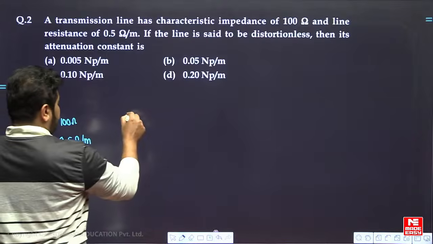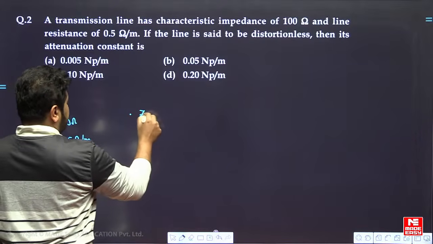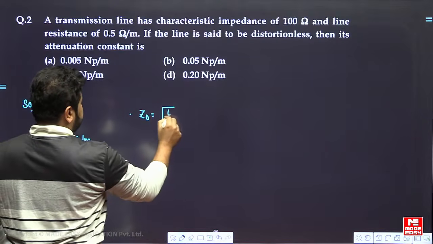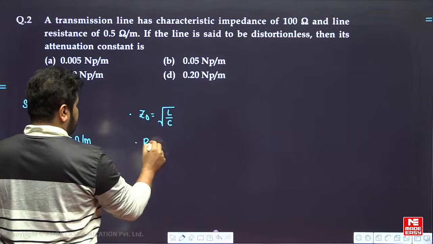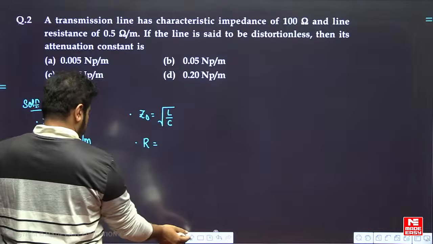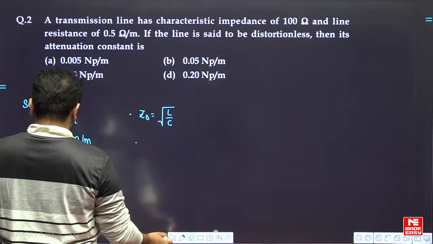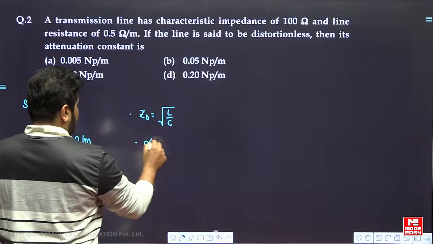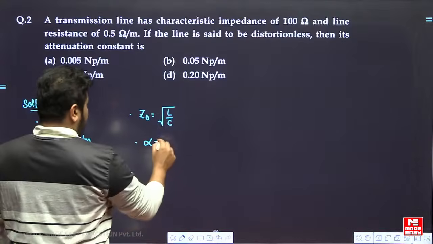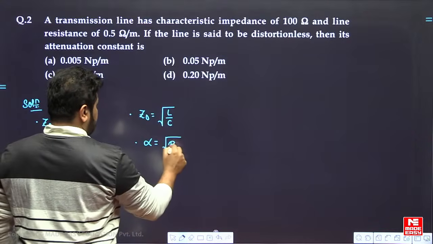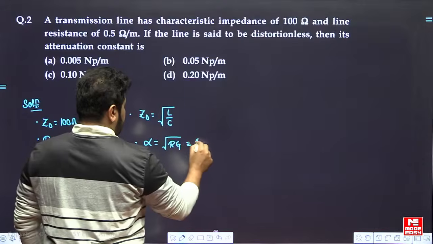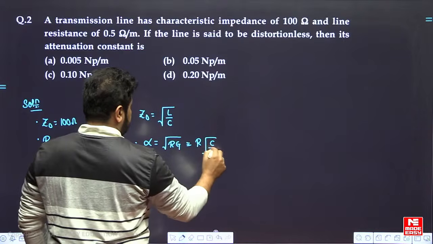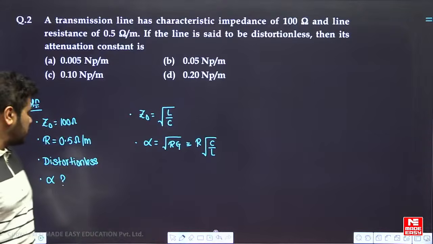Now let us see how to solve this. Z0 is equal to root under L by C, right? What is R? So, distortionless. The value of R is given, and they are asking what alpha is. Alpha is equal to root under RG, which is similar to R times root C upon L. This is fine for distortionless.